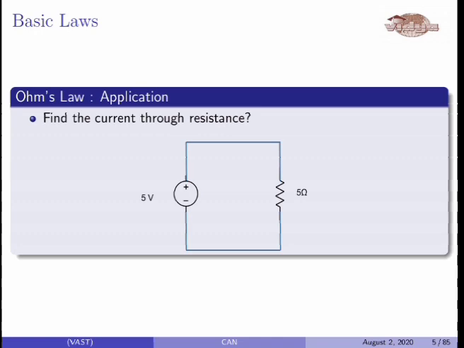The voltage across the 5 ohm resistance is 5 volt. So current can be found by the relation I is equal to V by R. So voltage 5 volt by resistance 5 ohm, that is 1 ampere. It's a simple problem.